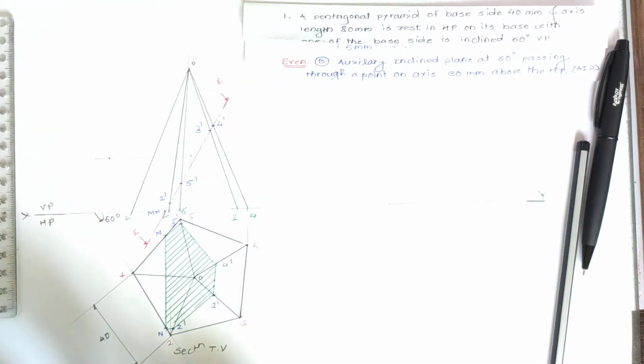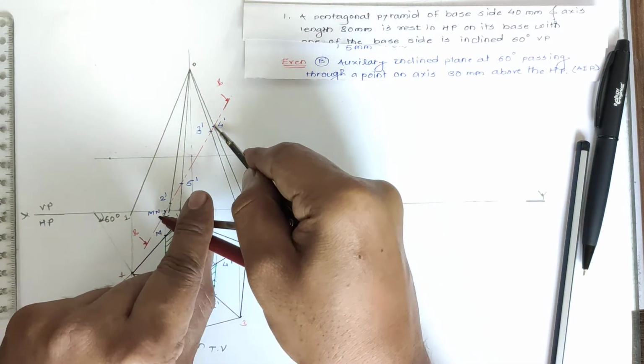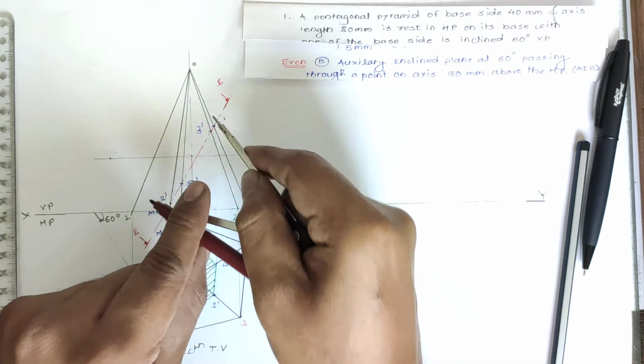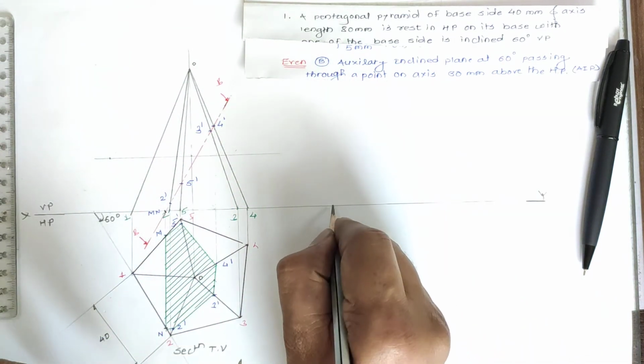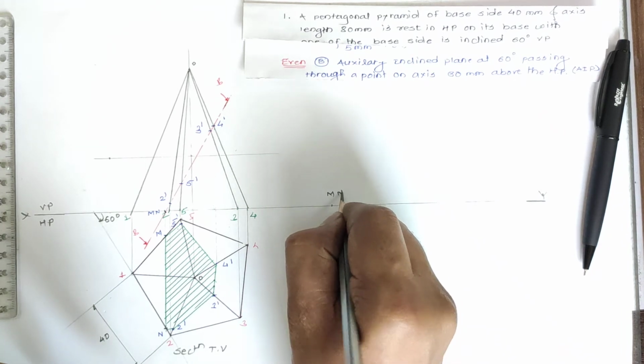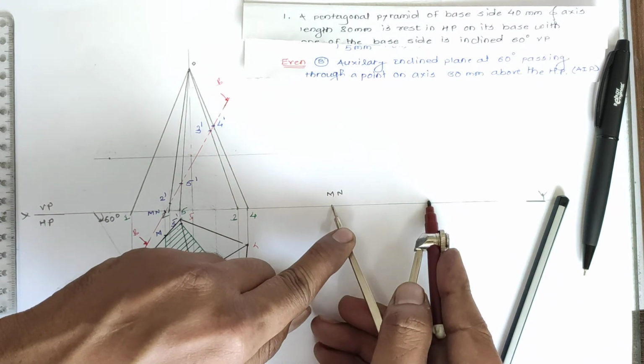For the true shape of section, take the compass, take the distance from 4 to MN, that is the cutting point at the base MN, and mark the points MN and point 4.